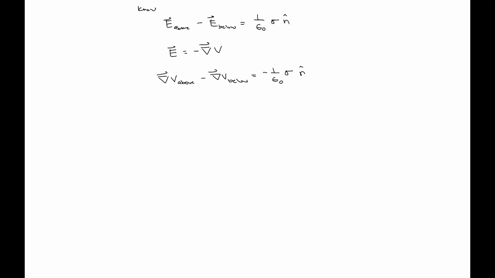If I write a special version of our gradient here, where I'm just considering the rate of change of something in the normal direction, this is going to be my new grad, where I'm just thinking about rate of change in the normal direction, so that's perpendicular to the surface.